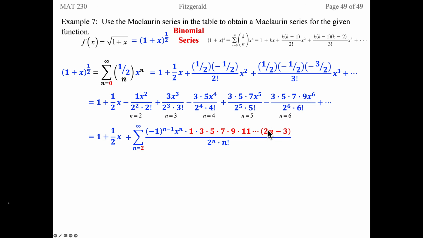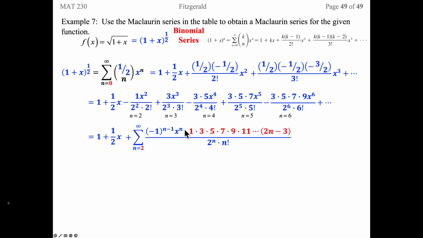So 2 times 6 is 12 minus 3 gives me the 9. Or when n is equal to 5, I need a 7. 2 times 5 is 10 minus 3, that's my 7. On the bottom, it's our 2 to the second, third, fourth, so that represents 2 to the n. And then 2 factorial, 3 factorial, that's the n factorial.